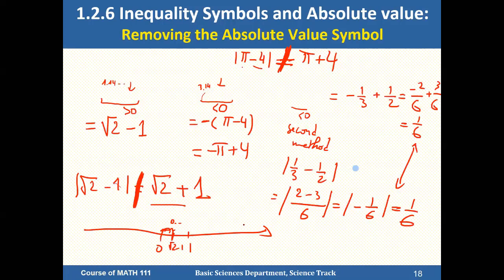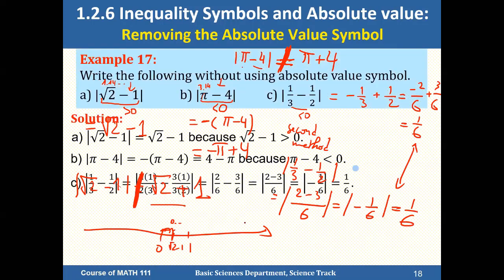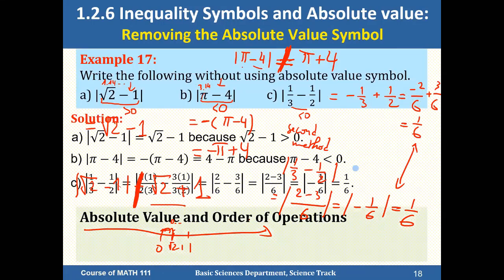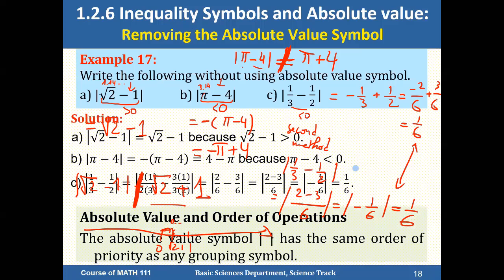واضح؟ ماينس على الكل. في الترتيب، في order of operations، الابسولوت فاليو عندها نفس الـ priority as the grouping symbols. Then absolute value مثل البارنثيسز، مثل any delimiters.